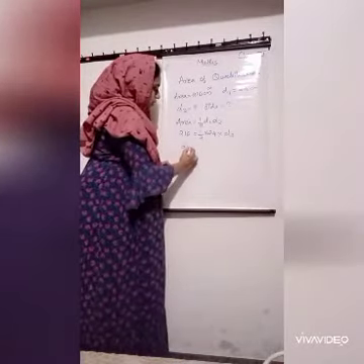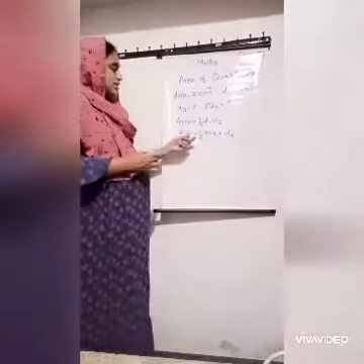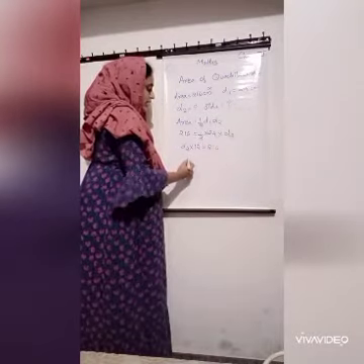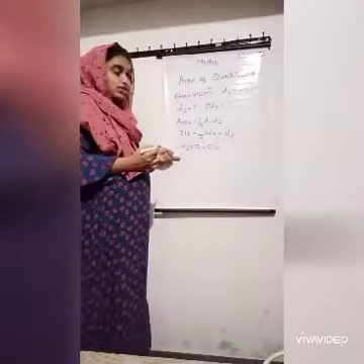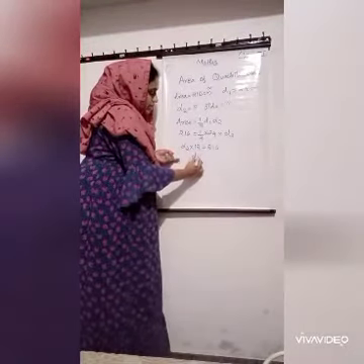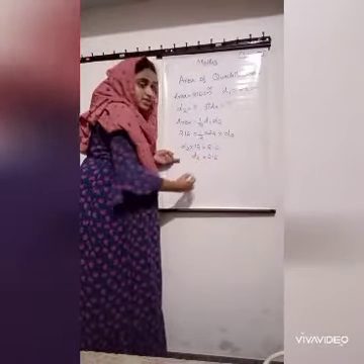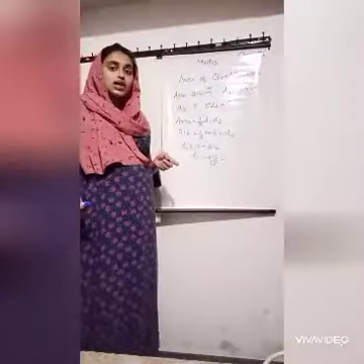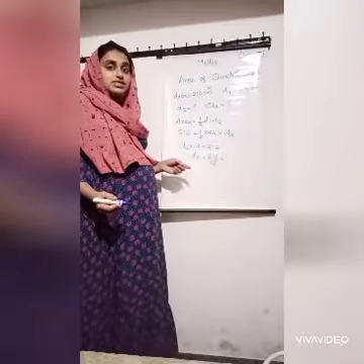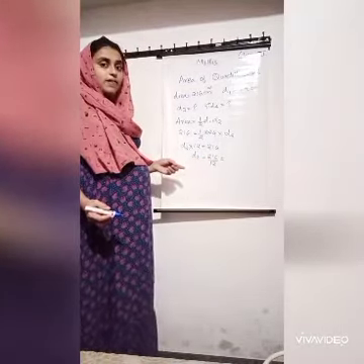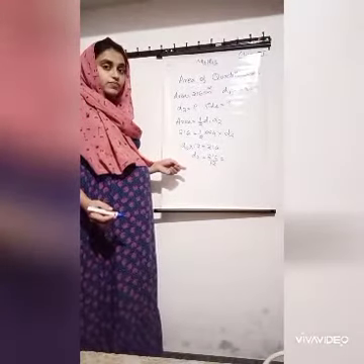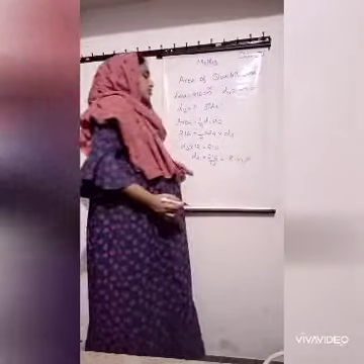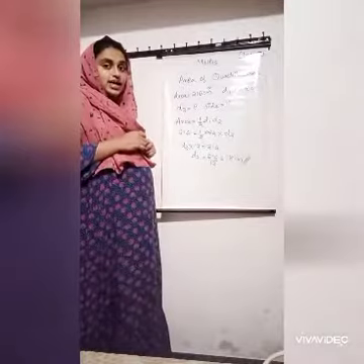So D2 into 12 is equal to 216. D2 is equal to 216 by 12. Just do the calculation. What is the answer? Yes, very good, 18 centimeters. So we get the other diagonal length as 18 centimeters.